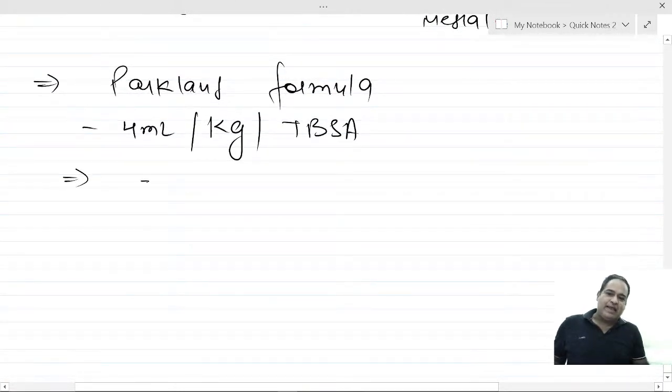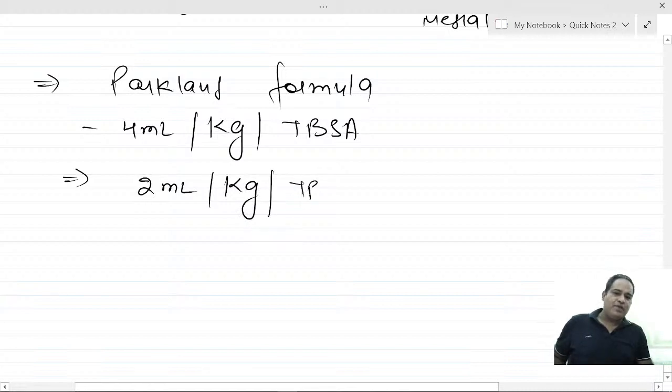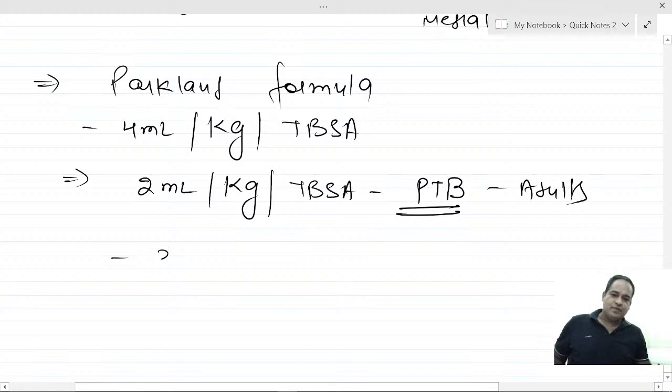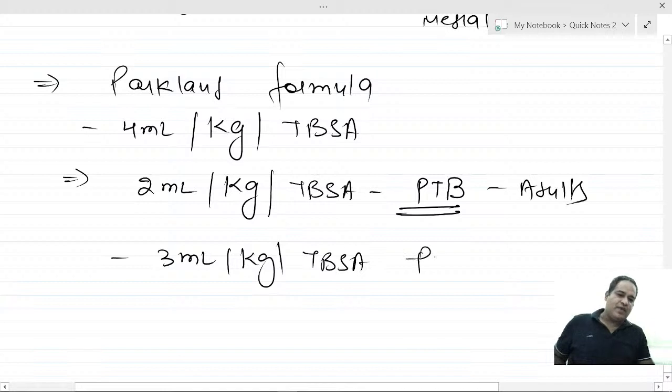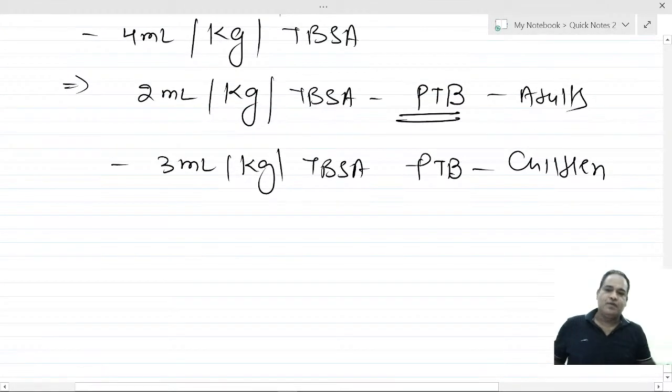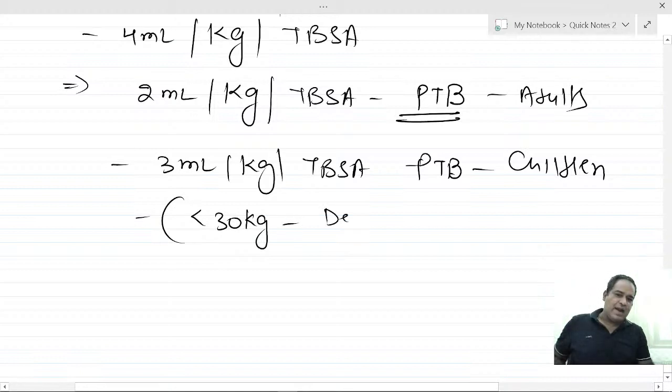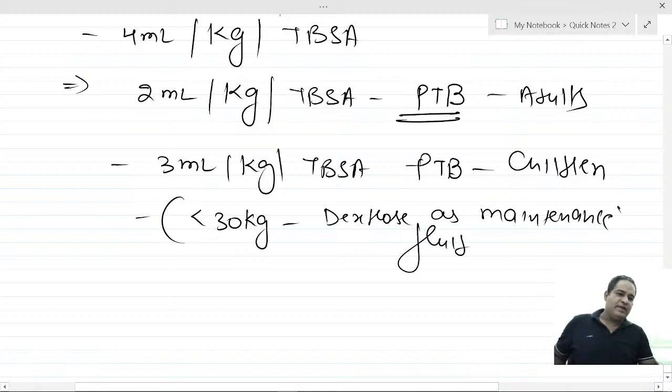Now it is modified like this: 2 ml per kg per unit body surface area for partial thickness burns in adults, 3 ml per kg per unit body surface area for partial thickness burns in children. Less than 30 kg, you have to add dextrose as maintenance fluid.